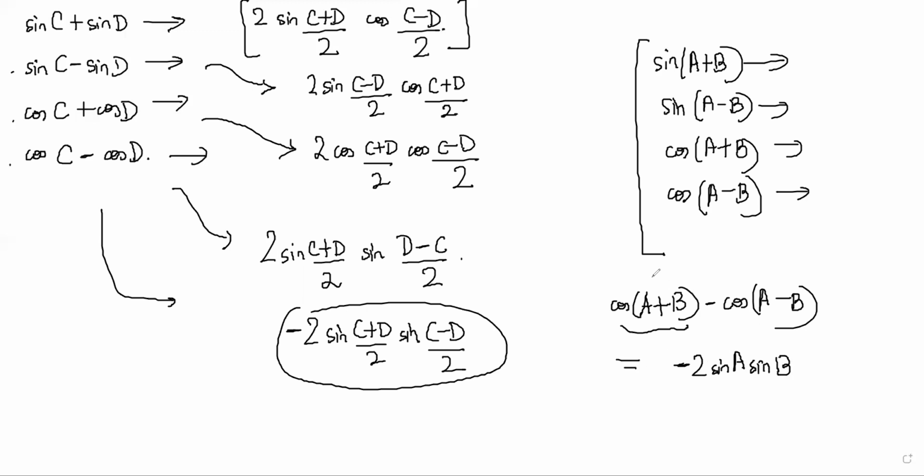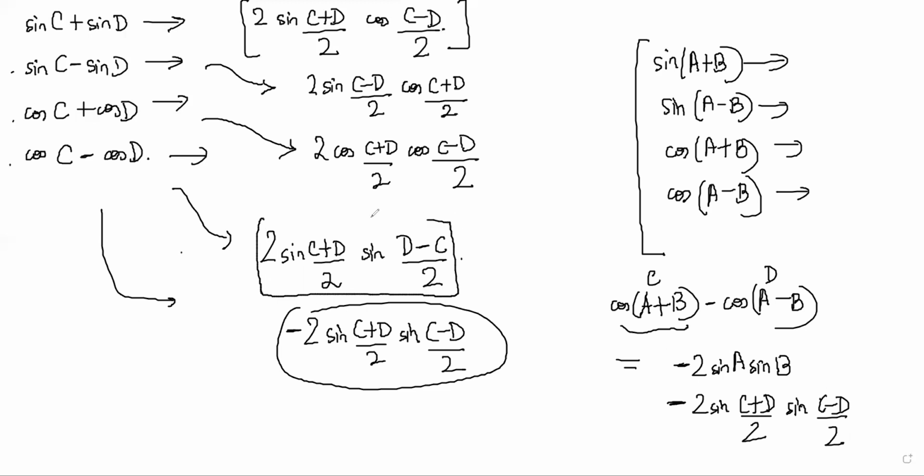And now putting this as c and this as d, you can write it as minus 2 sine c plus d by 2 sine c minus d by 2. And this minus sign is sometimes taken inside. You write it like this sometimes, because here you can take minus and it can come out, right?